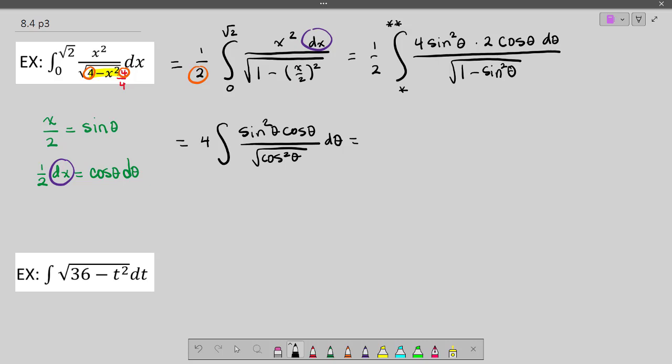But if we look up here at our x limits, x limits are 0 to root 2. And then we look down here. If we plugged in a 0, we'd have sine of theta is 0. And up here we'd have sine of theta equals root 2 over 2. So that means we're in quadrant 1. So that means we can just take the square root of cosine squared and get cosine.